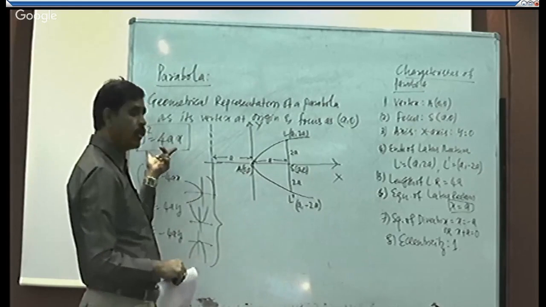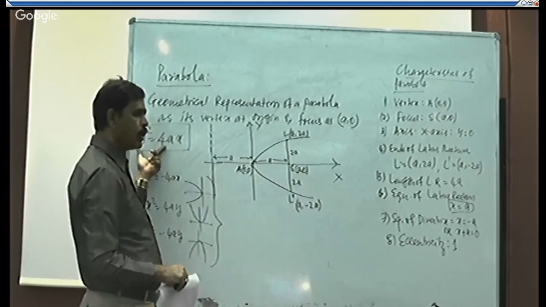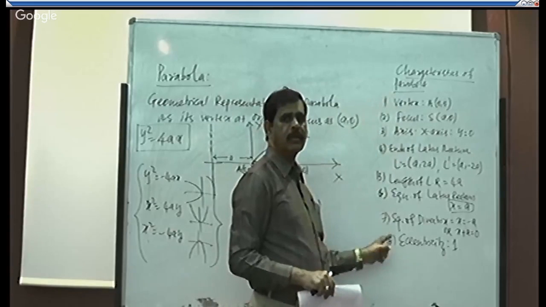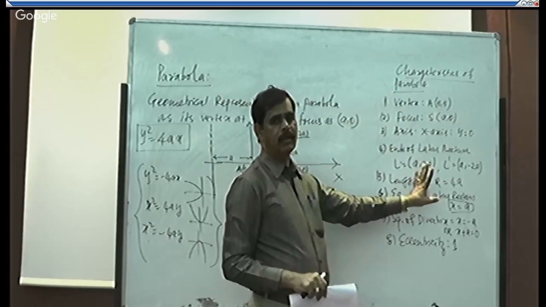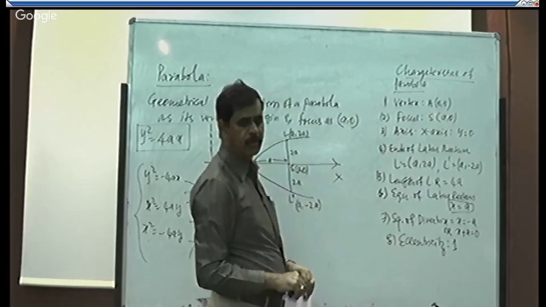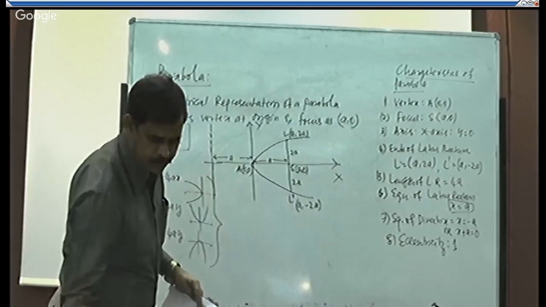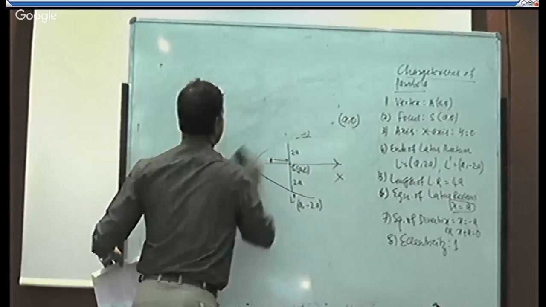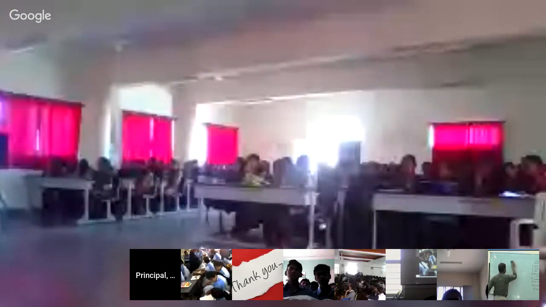Otherwise, some equation will be given, and with that equation we need to find out these characteristics directly. Very simple problems we have to work out, right? You need to remember the equation of parabola as well as the characteristics of parabola. That's all.